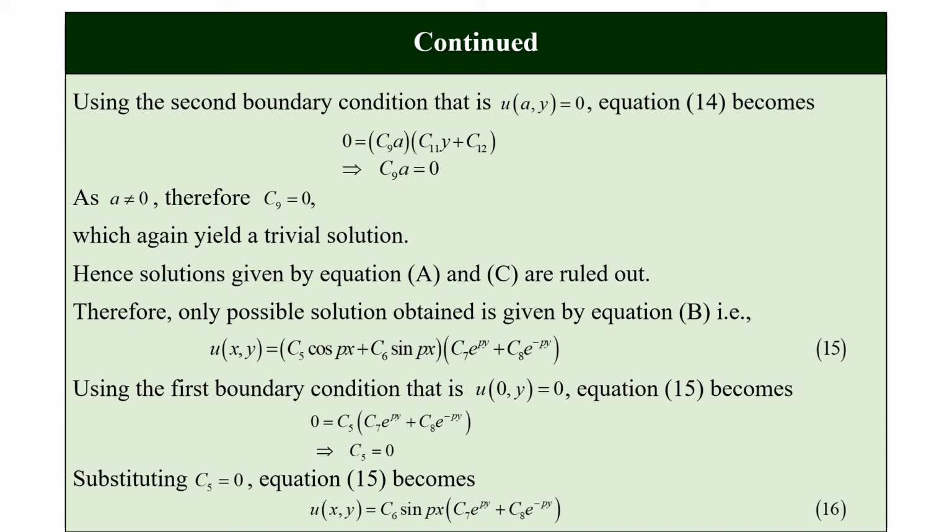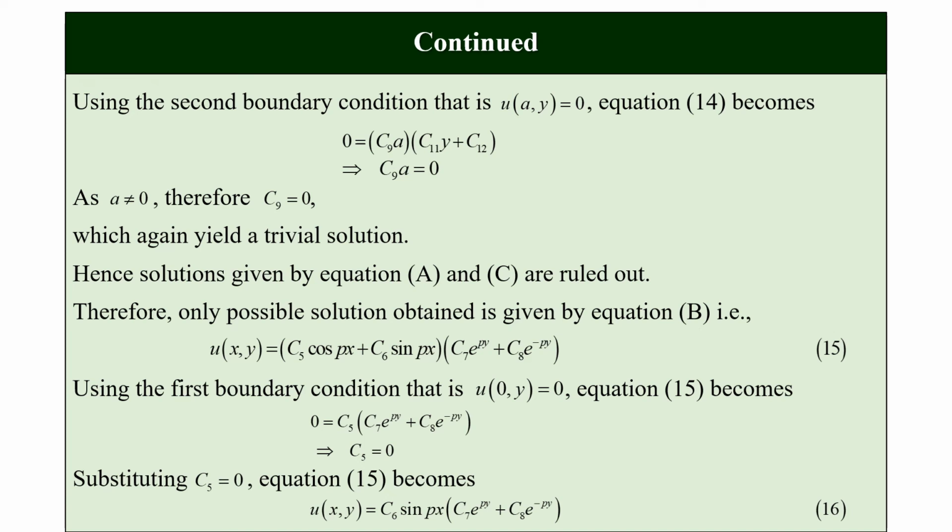So equation 15 implies c5 into c7 e raised to power py plus c8 e raised to power minus py, and this implies the constant c5 must be equal to 0.